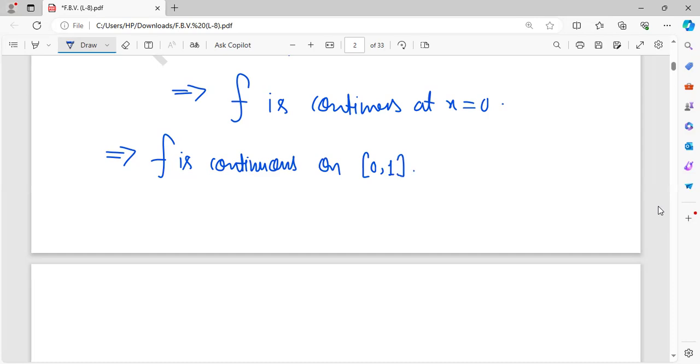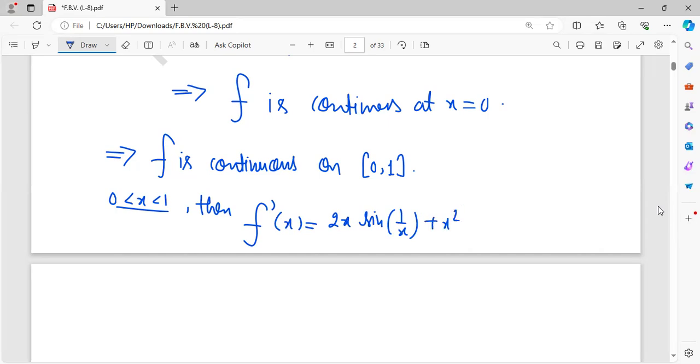Now, what about differentiability? So I am taking any x in between this. Then what is the derivative f dash x? So 2x sine 1 upon x, then the differentiation of sine 1 upon x is cos 1 upon x into minus 1 upon x square.